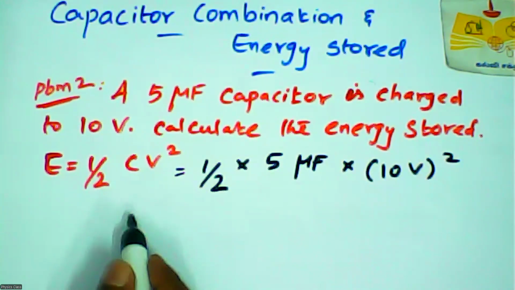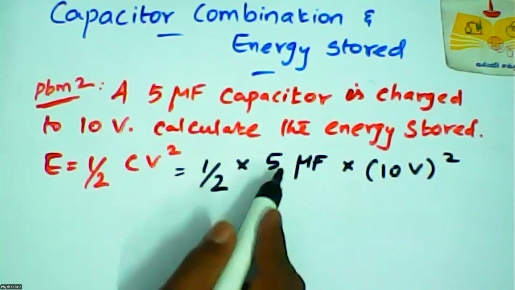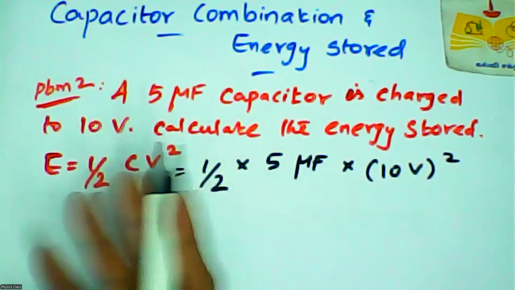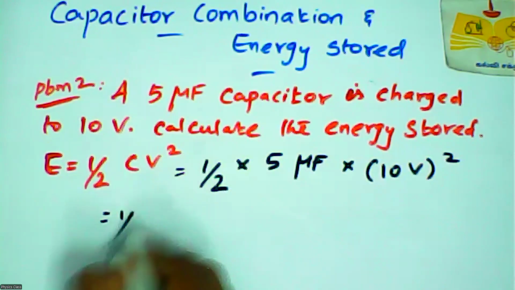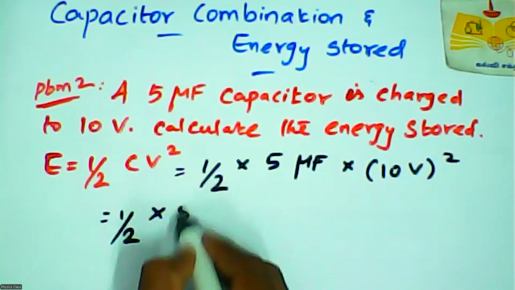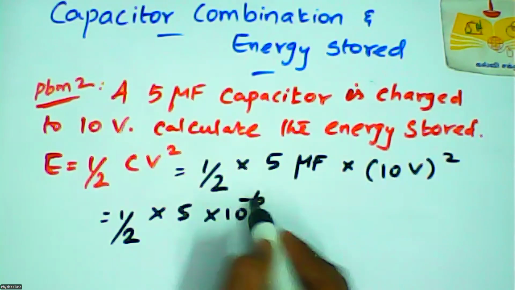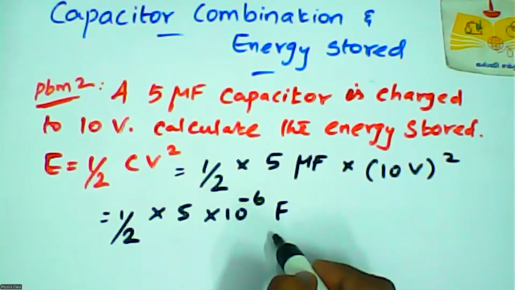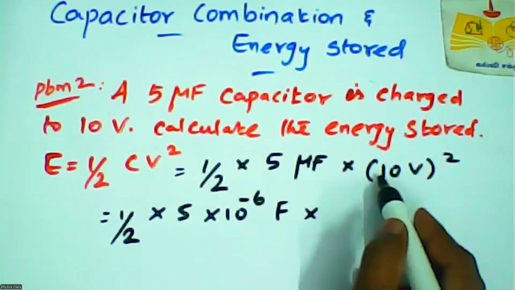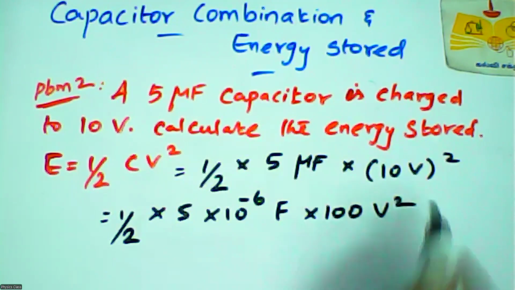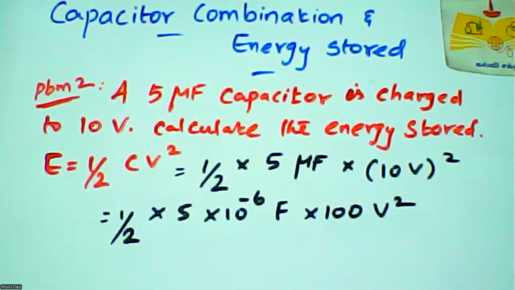First of all, we will convert microfarad into farad. Micro means 10 power minus 6. So 1 by 2 into 5 into 10 power minus 6 farad, and 10 into 10 is 100, so 100 V square. Clear?